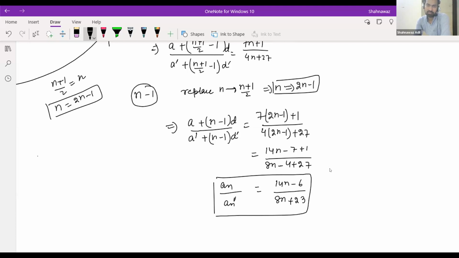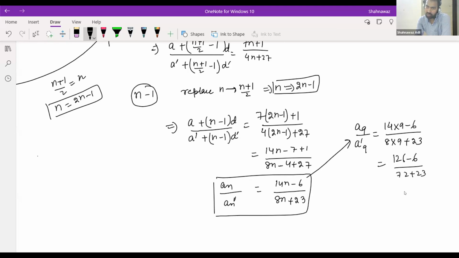Yes, clear. Yes, sir. So we need to find out a9 by a prime 9. So this would be 14 into 9 minus 6 and 8 into 9 plus 20. So this would be, and this is how much?